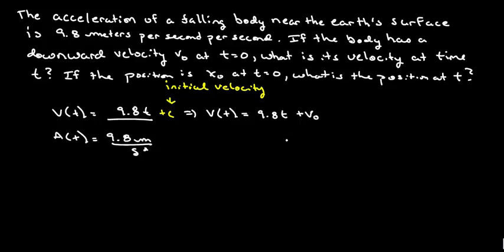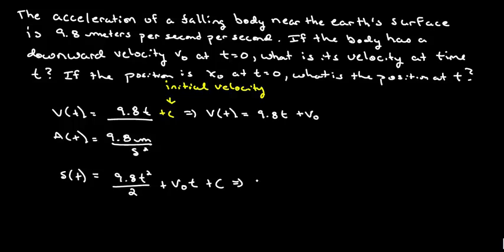Okay, so again, we need to work in reverse. So position as a function of time is the antiderivative of velocity, working backward. So the antiderivative of velocity is going to be 9.8 t squared over 2 plus v sub naught times t plus some constant of the antidifferentiation.